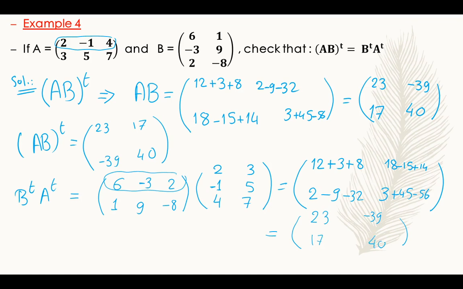So from 1 and 2, we can find that the two matrices are equal. So now we can take it as a rule that if we distribute the transpose on the multiplication, (AB) transpose is equal to B transpose multiplied by A transpose.